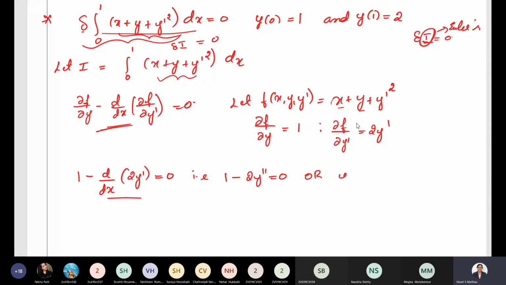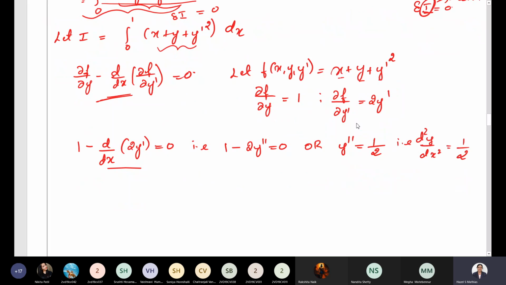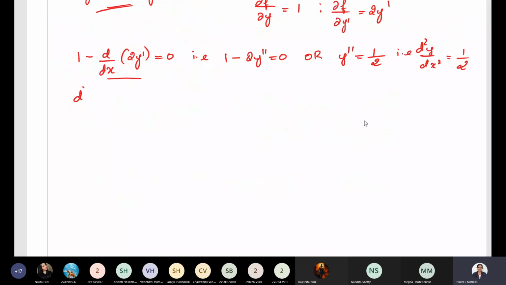It is 1 by 2. So y double dash, that is d square y by dx square, is equal to 1 by 2. We need to find y, so what we do? We integrate it twice. So we have d square y by dx square equal to half.